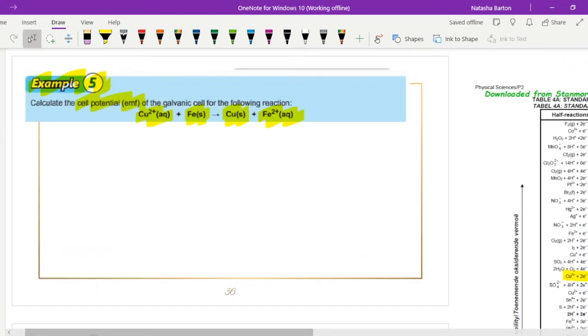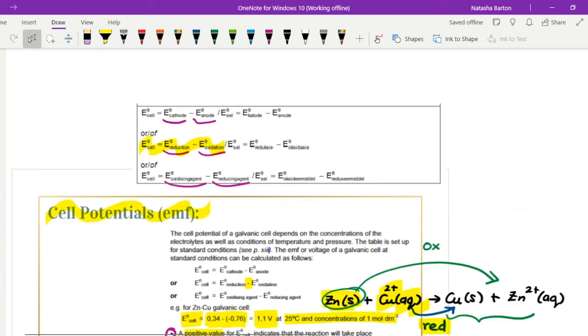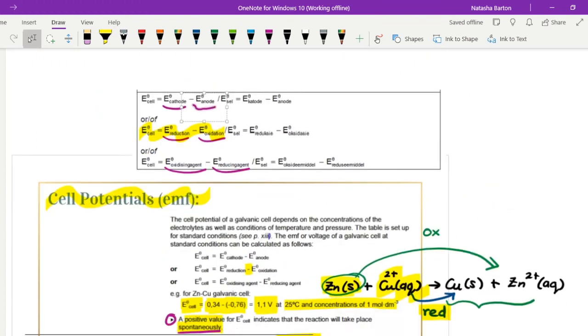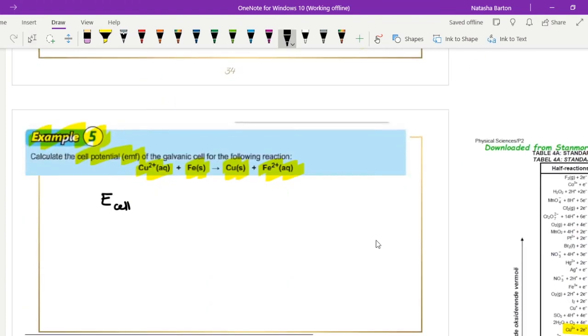So now we say, okay, we're going to say E cell according to this. So E cell 0 is equal to E reduction minus E oxidation.